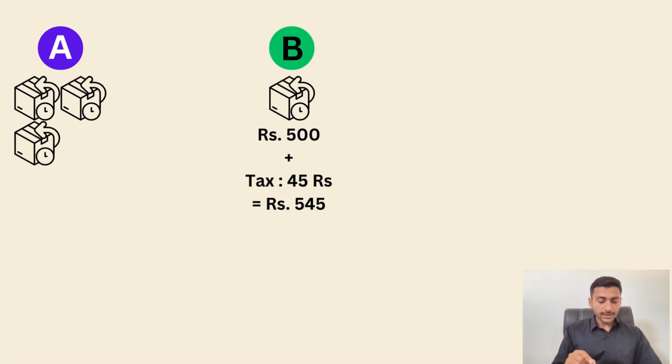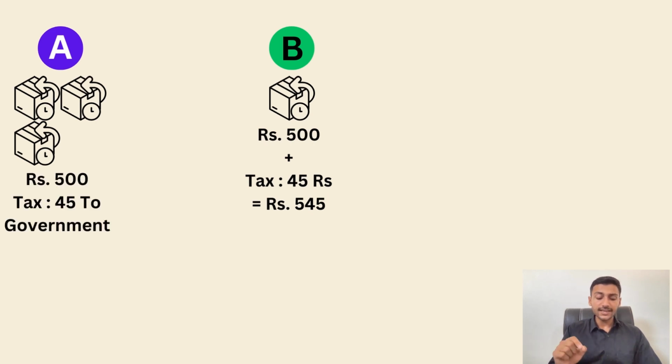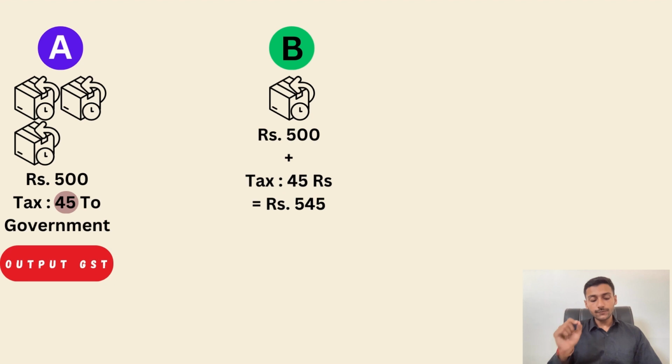For A, that 500 is the value of the goods, and the 45 tax he has to pay to the government. That's why this 45 rupees is output GST for A. And in case of B, the 45 rupees paid is called input GST for B.